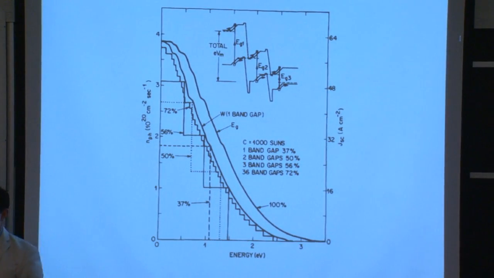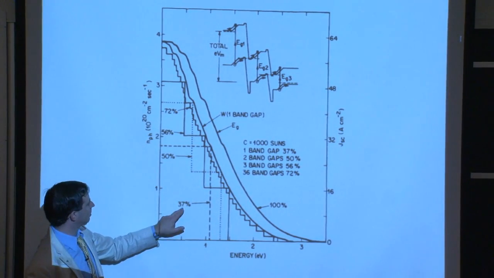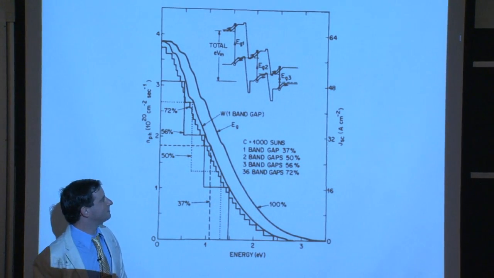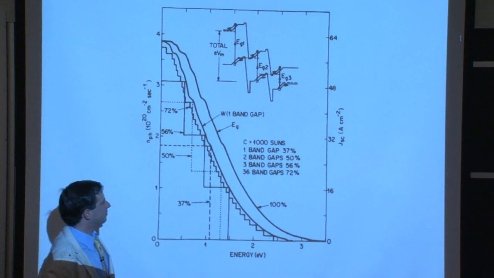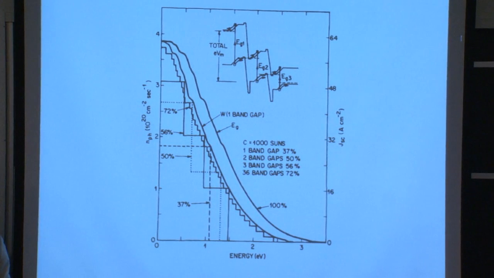And you can estimate what the upper efficiency limit would be with many band gaps inside of your material. So for one band gap, somewhere around 37, we'll have an entire lecture dedicated to calculating that number. For two band gaps, somewhere around 50. For three band gaps, 56. For 36 band gaps, around 72.